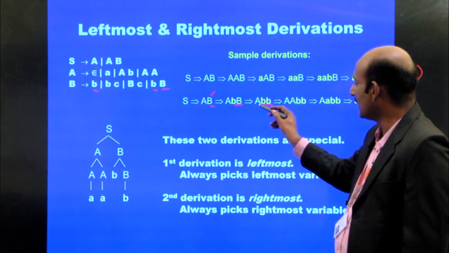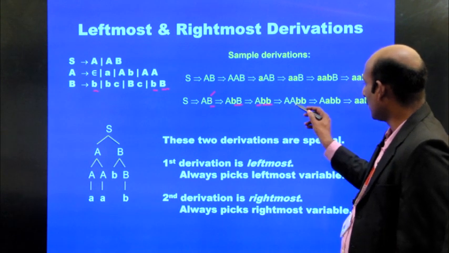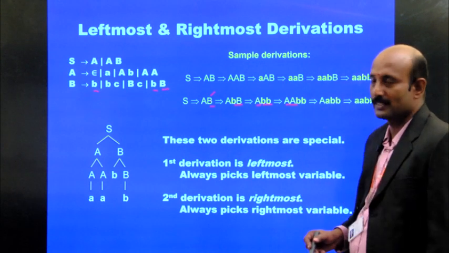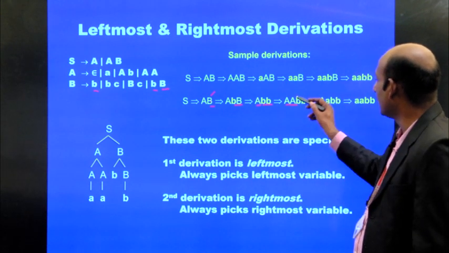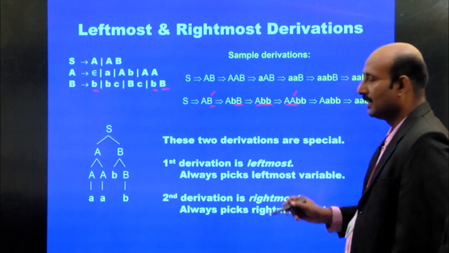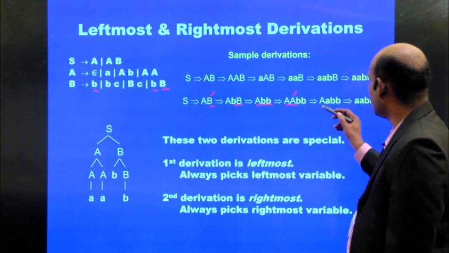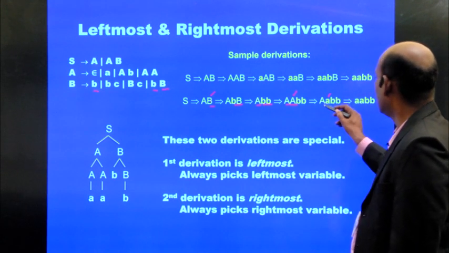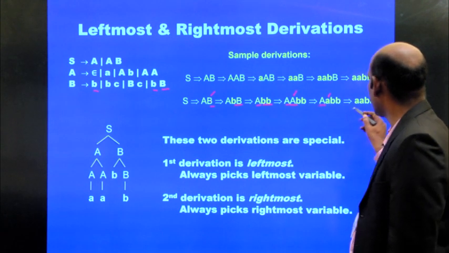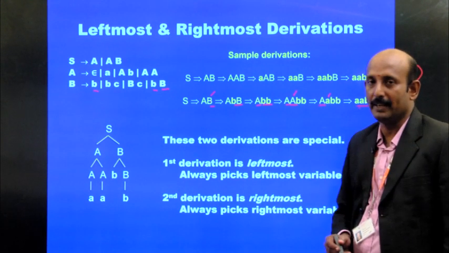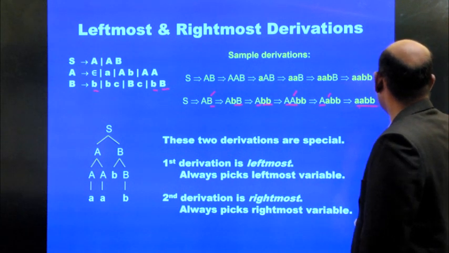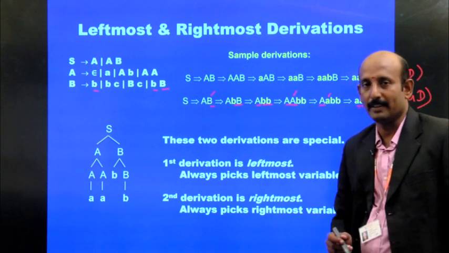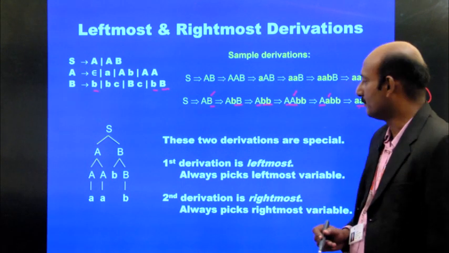Only one non-terminal, that is A. Again A is replaced, and the rest BB follows the same. Then we replace the rightmost non-terminal, this A, by small a. After that, the rightmost non-terminal A can be replaced by AA, BB. So this becomes the rightmost derivation, RMD: LMD and RMD, leftmost and rightmost derivations.